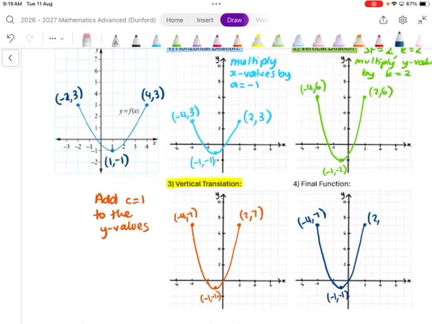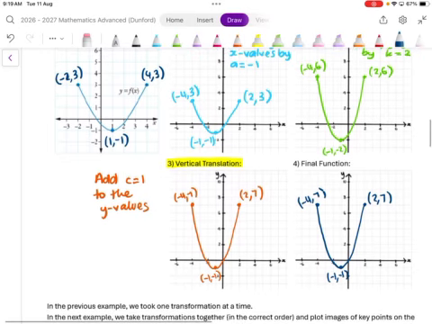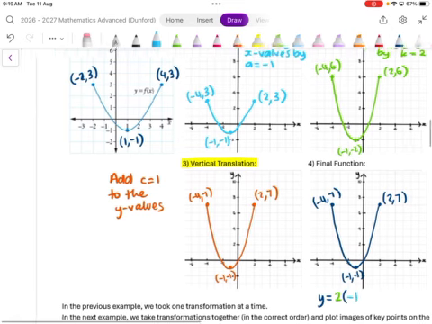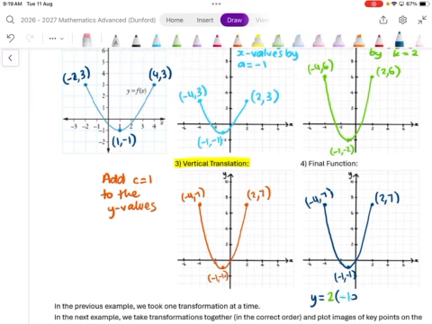2, 7. And this function is in the form of y equals 2 lots of negative 1 of our x plus 1 for our c value.